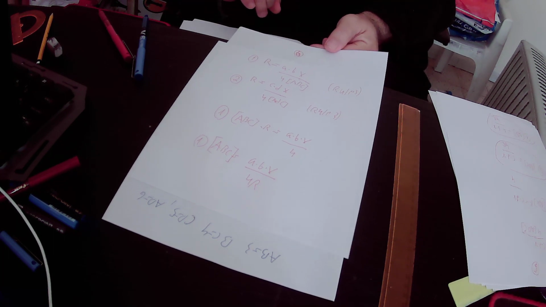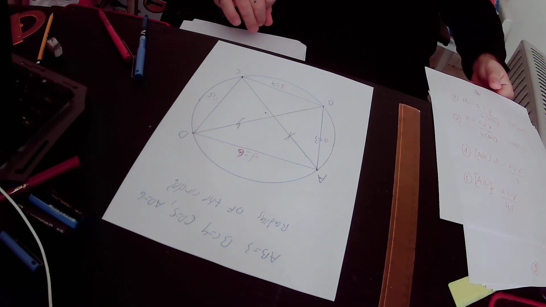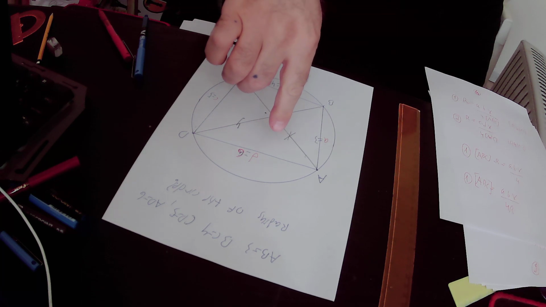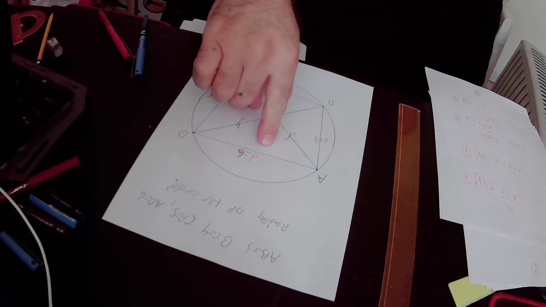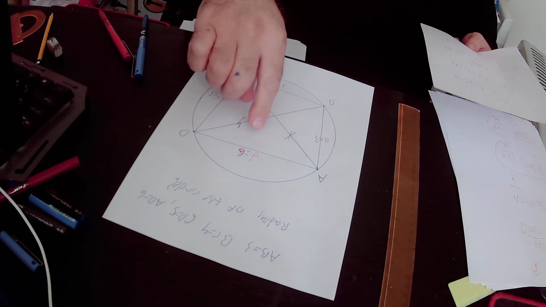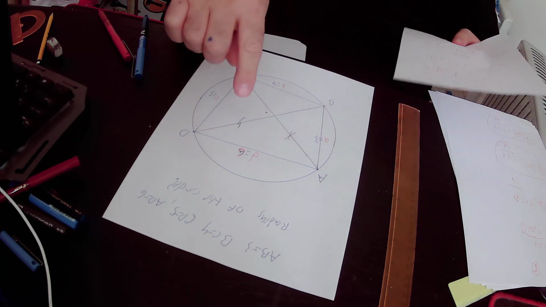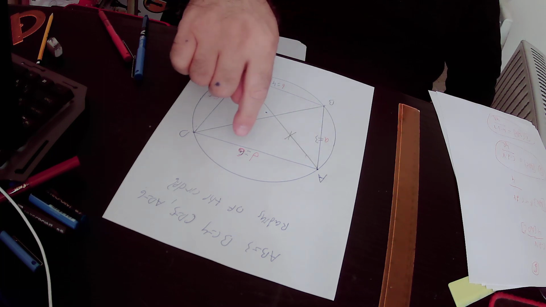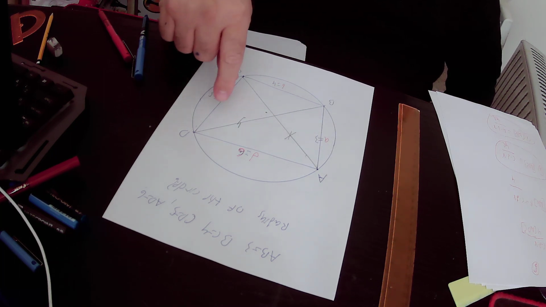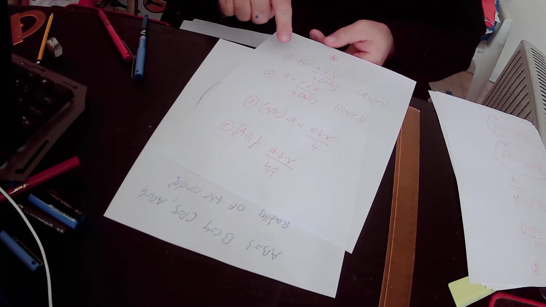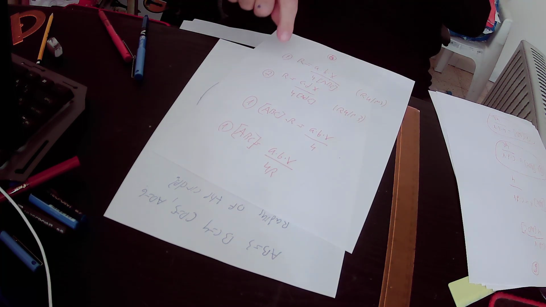And we can also use rule number 3 by focusing on triangle ADC, which is inscribed by this circle. According to rule number 3, the radius of this circle will be equal to the multiplication of the three sides of triangle ADC, that is C times D times X over 4 times the area of triangle ADC.